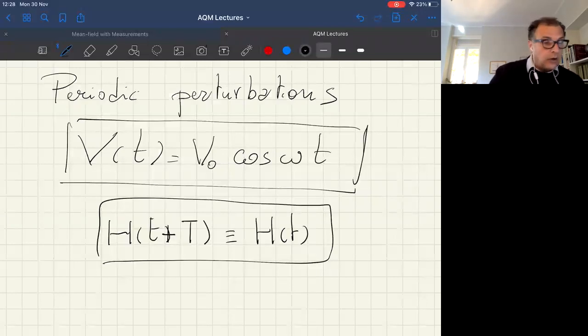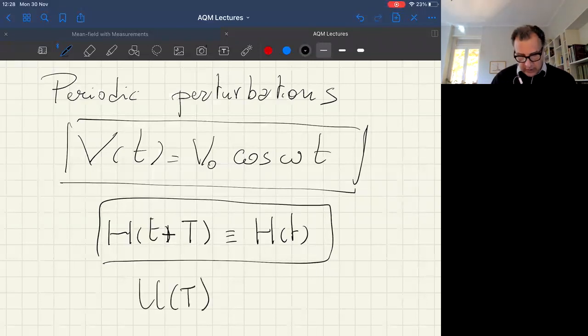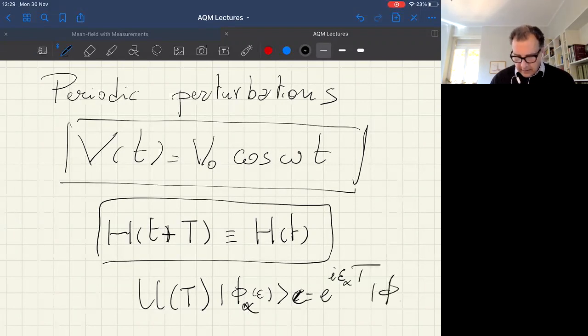Floquet theory tells you that basically the solution of the Schrödinger equation can be expressed using an eigenvalue equation for the evolution operator U along one period, so that U(T) phi alpha is equal to e to the minus i epsilon alpha T phi alpha.